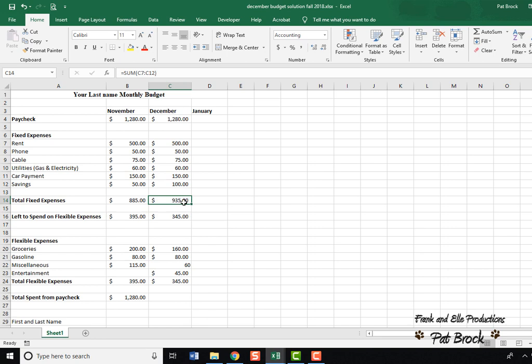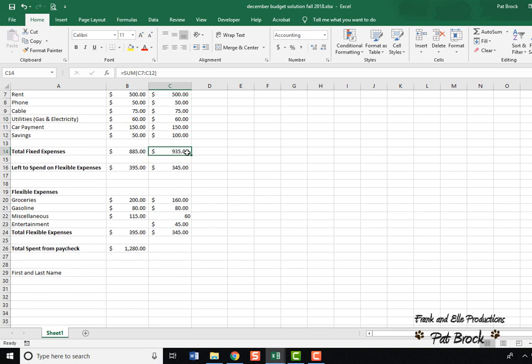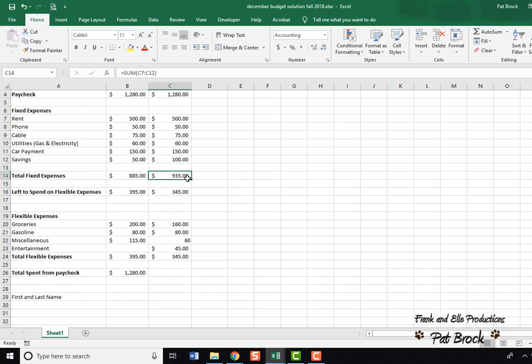So we'll just test this out. You had $935 in fixed, and you're saying you have $345 in flexible. We added up all of our flexible expenses. So here this formula is C20 through C23, and it equals 345. See, these two match. So that means that your 935 should fit because these two match.